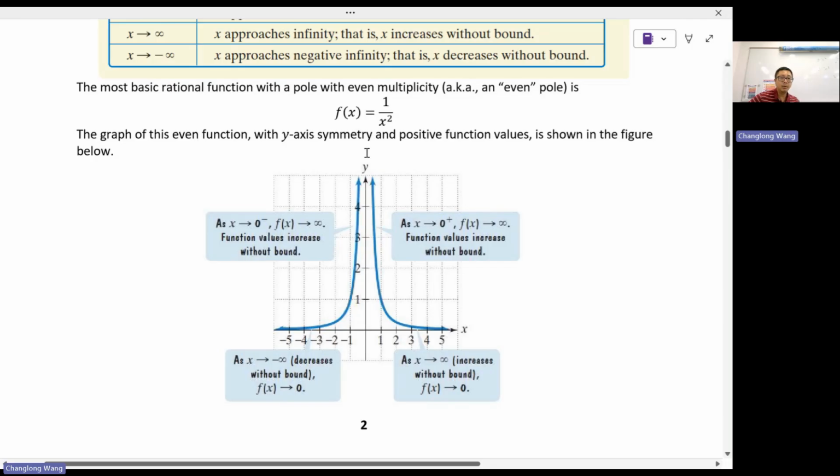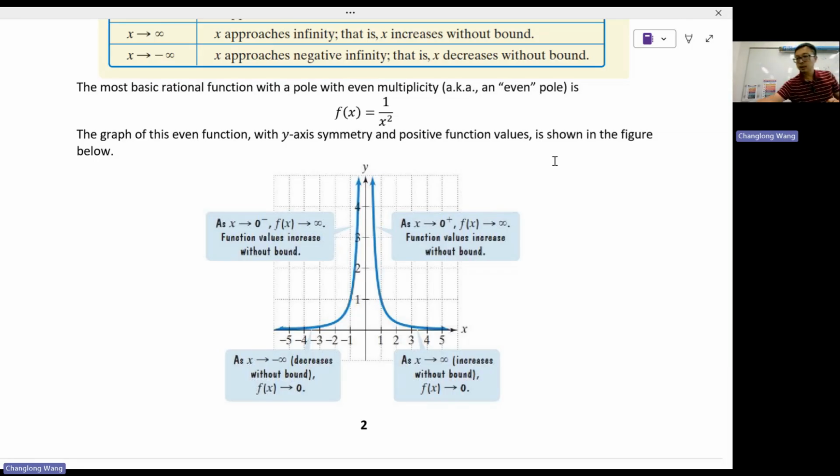Therefore, it blows up, or rises to positive infinity in both directions. But you can see that, just like the even zero, the even pole rises in the same direction.